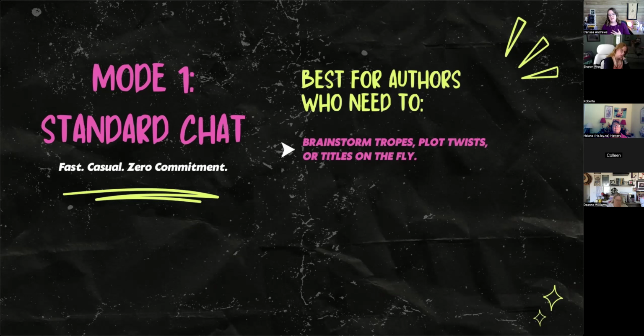Because eventually, let's say you are brainstorming the tropes, the plot twists or the titles, you're going to be taking that information down. You're going to have it and you're going to know what you're creating. And so once you get to the point of wanting to have a more detailed memory, you're going to give the title, you're going to give the tropes, you're going to help it understand what it is you're doing.